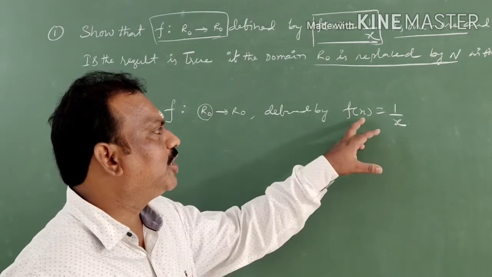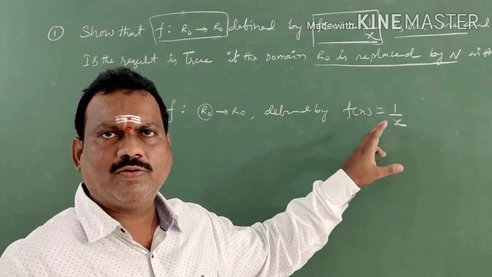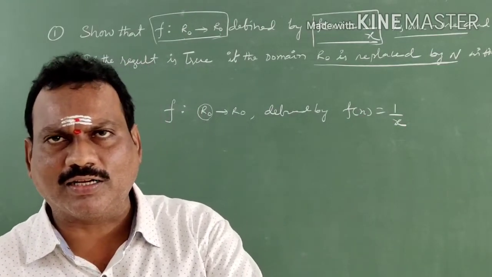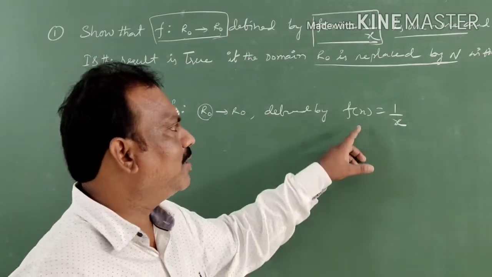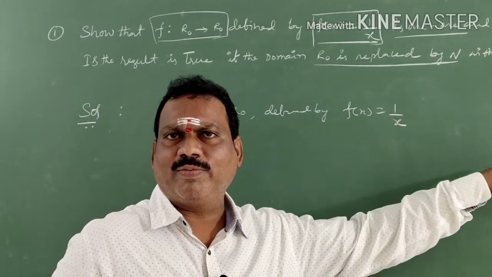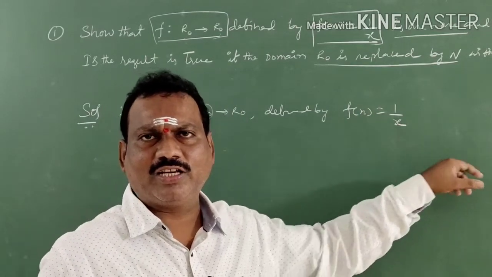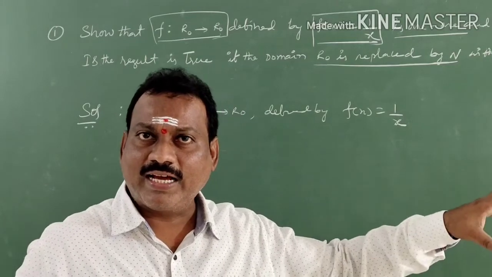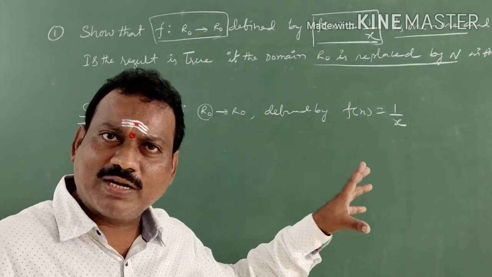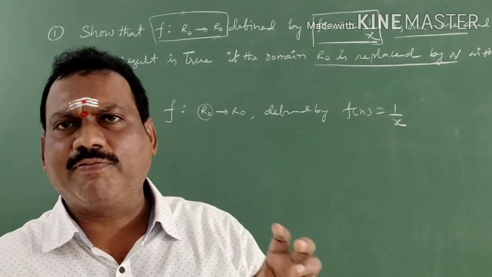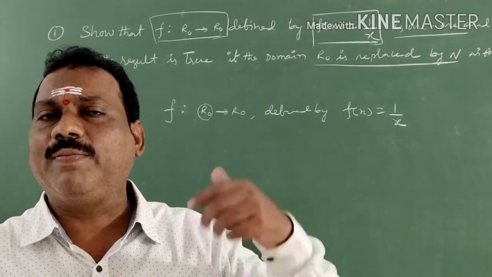If you substitute in x's place, you will get all different numbers only, not the same number. Correct or not? See, I am substituting 1, 1 by 1; 2, 1 by 2, 0.5; 3, 1 by 3, 0.33; 4, 1 by 4, 0.25. Like so many numbers are there. It is not possible to substitute all numbers there. That's why in these kinds of cases we use the mathematical definition.